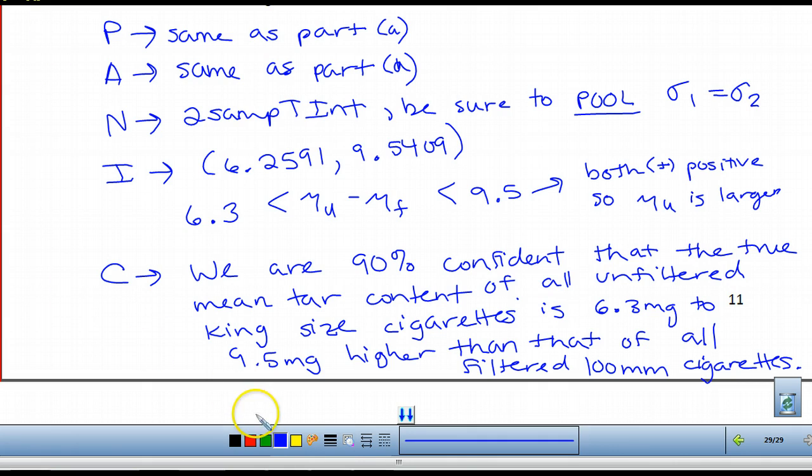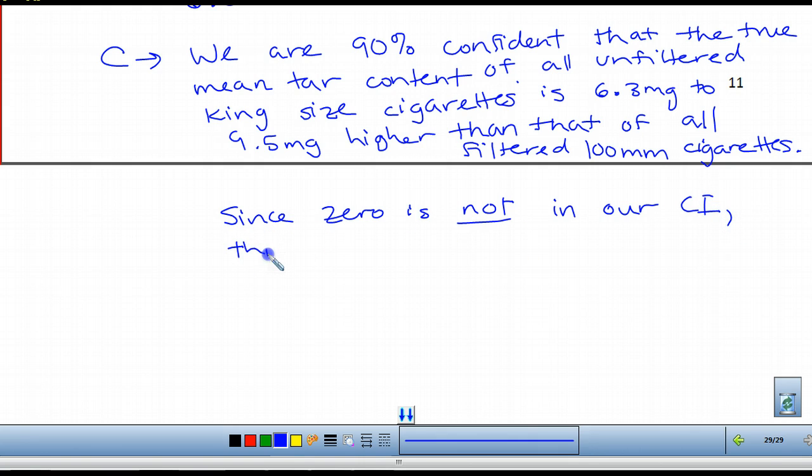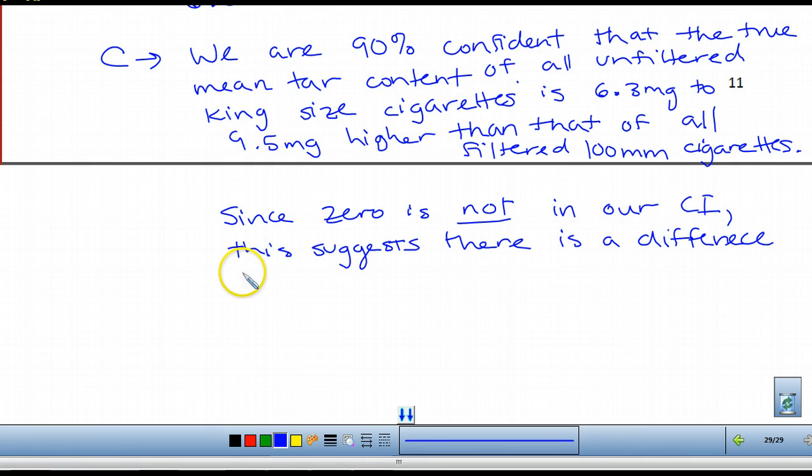We can also say that since 0 is not included in this, that this does say there's a difference. Let's go ahead and write that in. Since 0 is not in our confidence interval, this suggests there is a difference in the two population means.